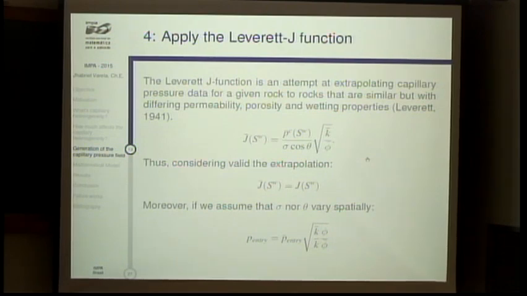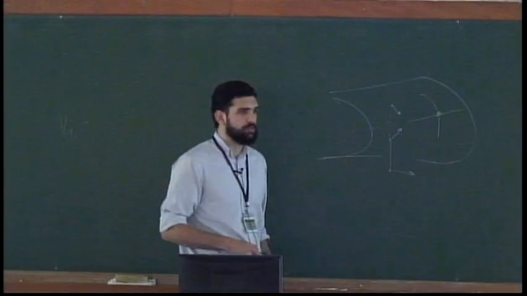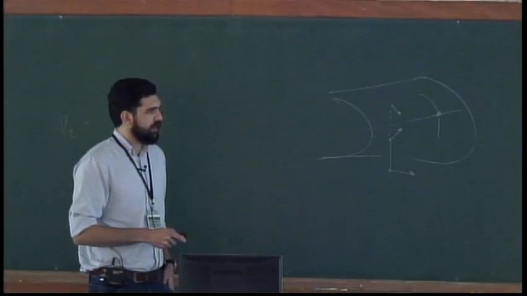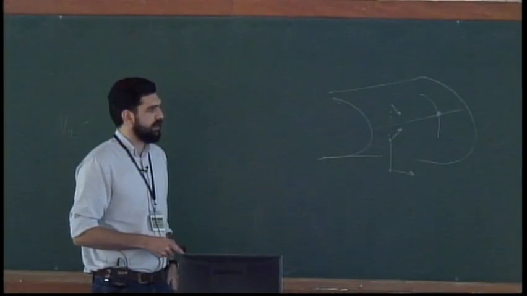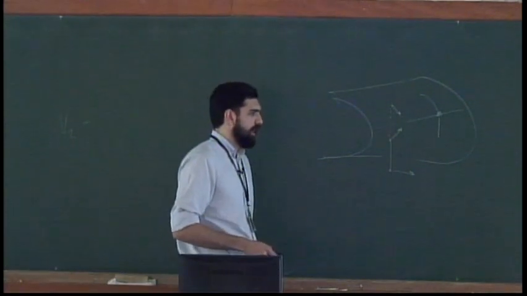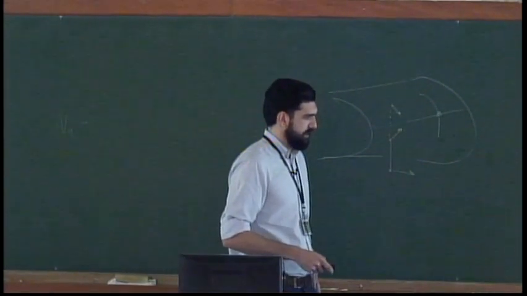So if we assume that this expression is valid, we can extrapolate the data provided for the mean values in step 1 to the values of permeability and porosity that we generated before. So considering this extrapolation valid, and moreover assuming that neither the surface tension nor the contact angle varies spatially, we end up with this equation.